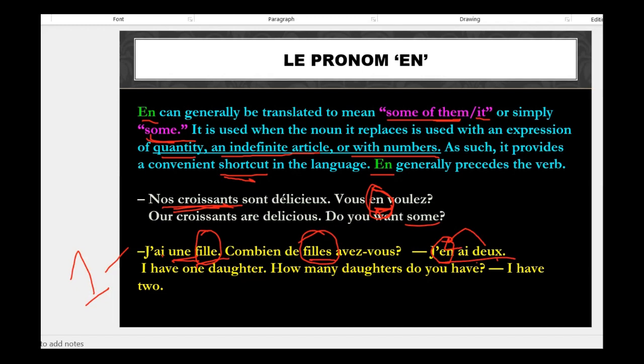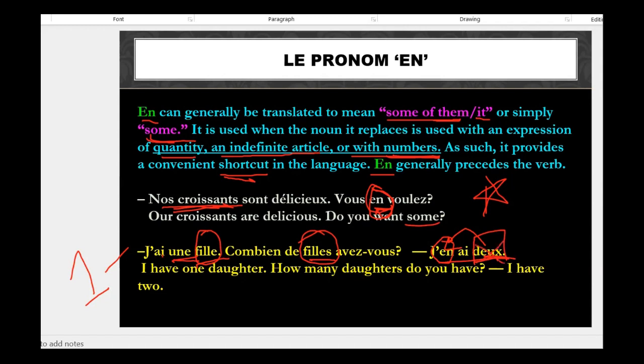You have to remember one thing, just make a note, star mark it, that when you are talking about numbers in the sentence, you have to put the number at the end of the phrase. When you use the pronoun, you have to mention the quantity.